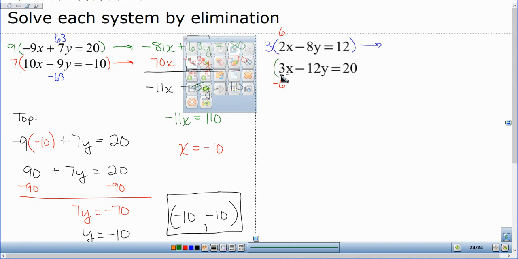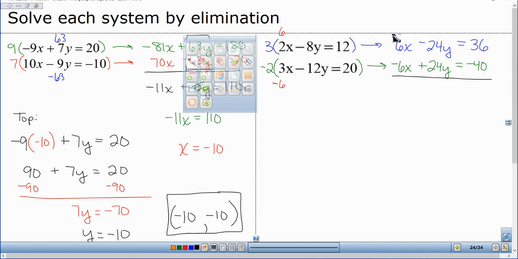My second equation, I'm going to multiply that by negative 2. So my top equation becomes 6x minus 24y equals 36. And my second equation becomes negative 6x plus 24y equals negative 40.